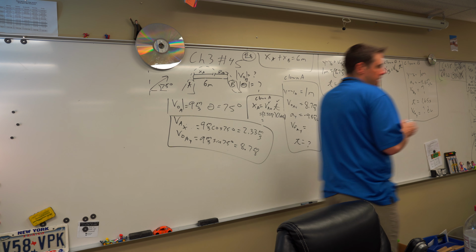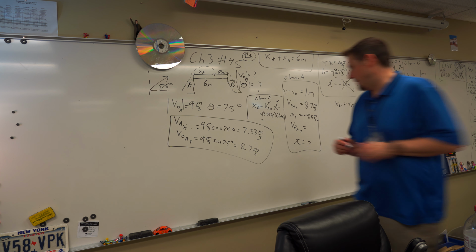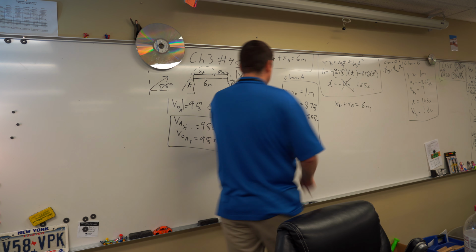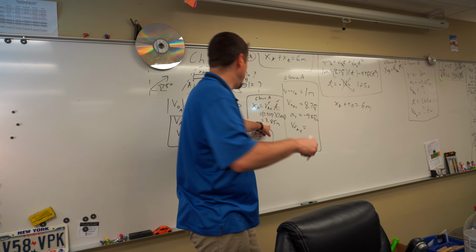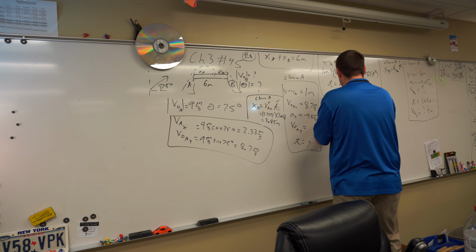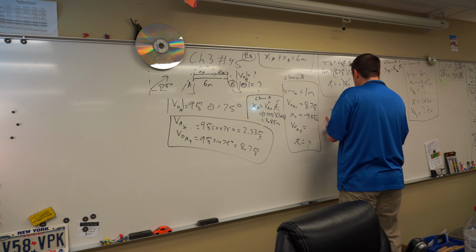I'll grab my calculator so we can get the actual number for my rounding. So 2.33 times 1.65, let's call it 3.85. Okay, 3.85. Now put that in over here: 3.85 meters plus XB equals 6 meters.